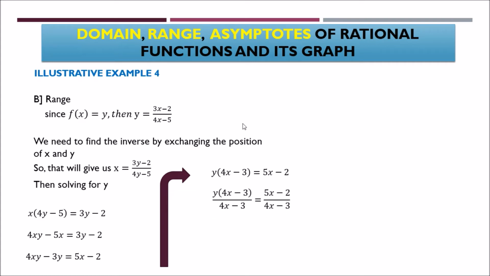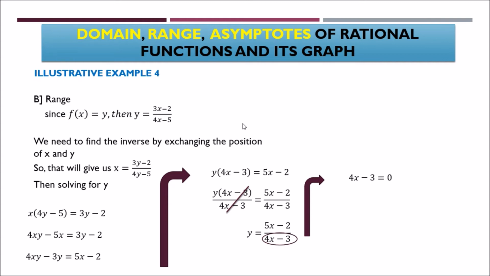Then we divide both sides by 4x minus 3 so that we can solve for y. We cancel out the quantity 4x minus 3, and this gives us y equals 5x minus 2 all over 4x minus 3. But we need only the denominator to determine the range.